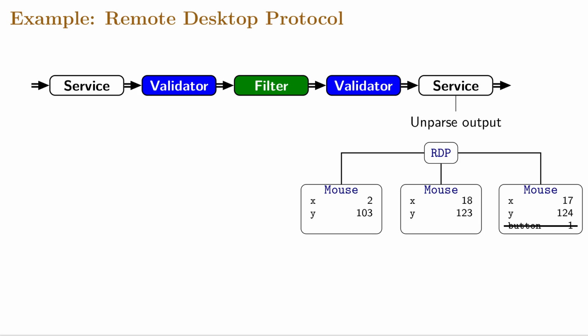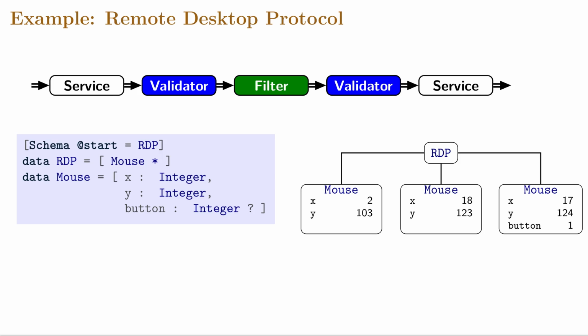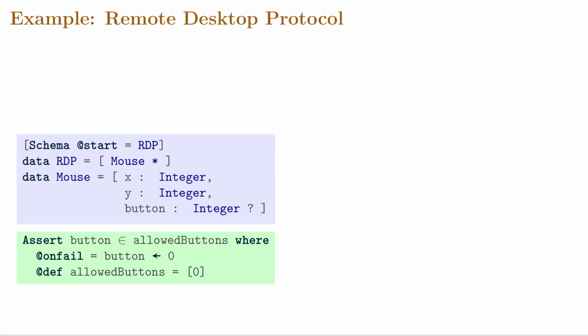Now, if you want to build a pipeline like this, then you have to do a bit of plumbing for the service parts. The validators you can generate fairly simply from a schema specification, but nowadays at least, filters are still mostly built by hand in a general purpose language. Our main contribution here is a domain-specific language that makes it easier to build these filters.